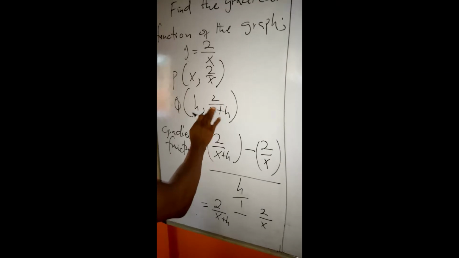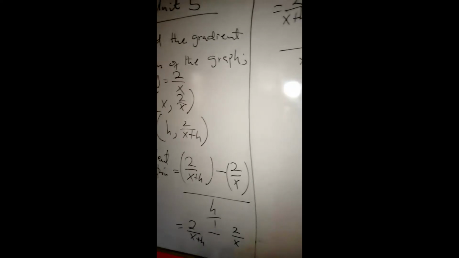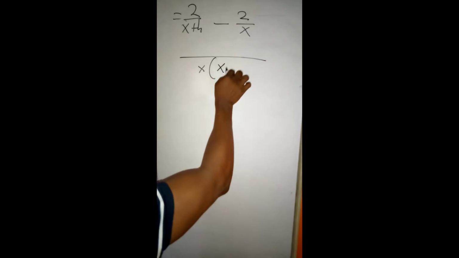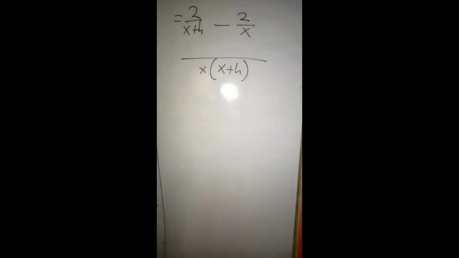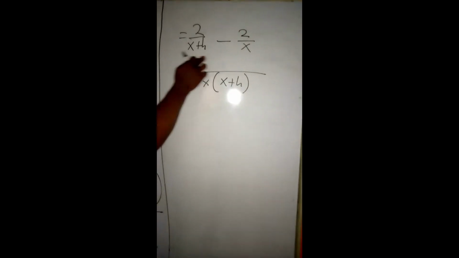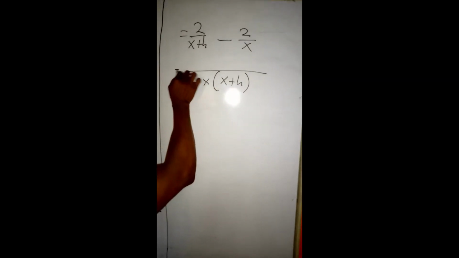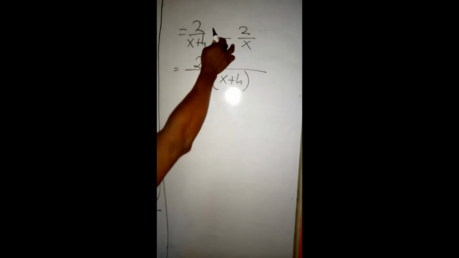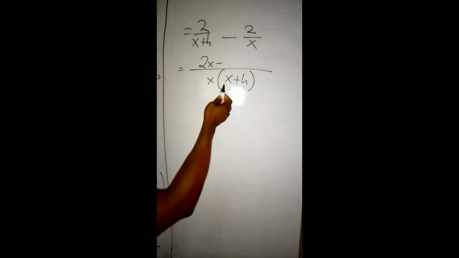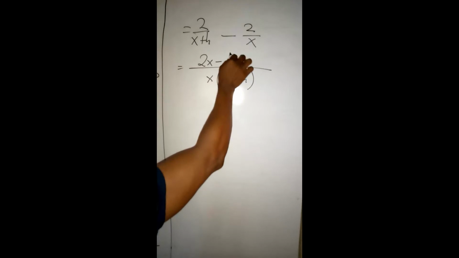Then therefore, we are saying x into what? X plus h. X plus h will cancel this. What you have there is x, so x times 2 is simply 2x. Put your minus sign. X into this will cancel this. You have x plus h, put your bracket, times 2.